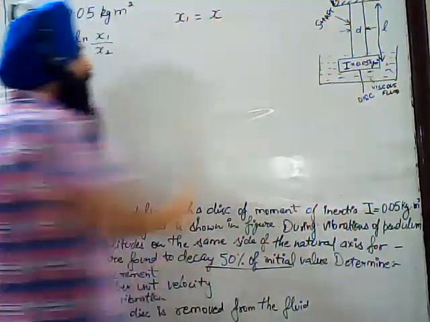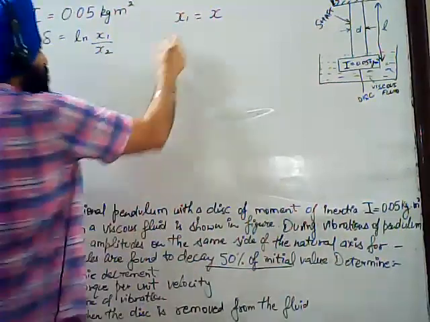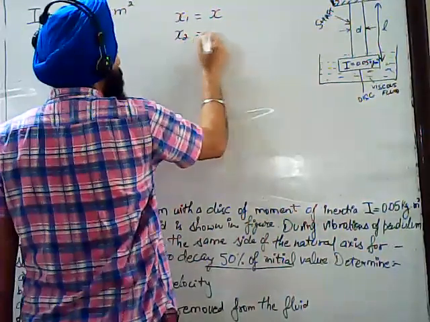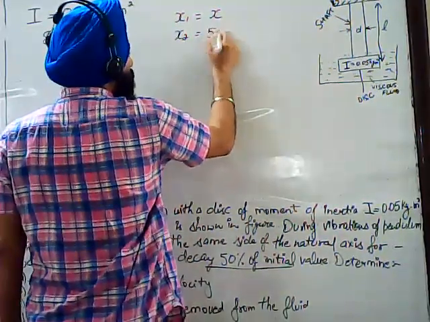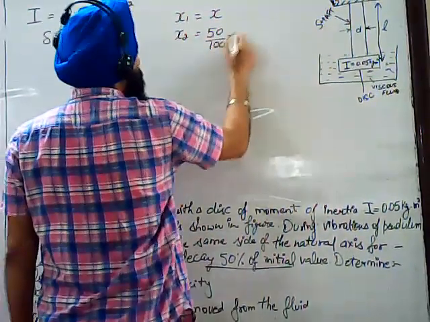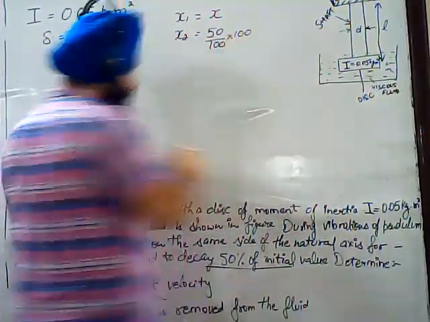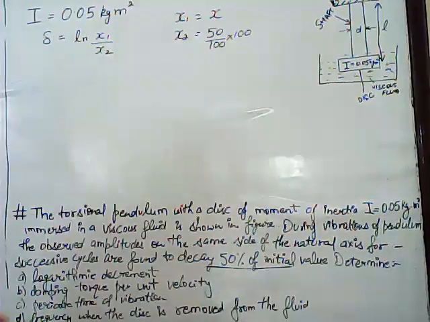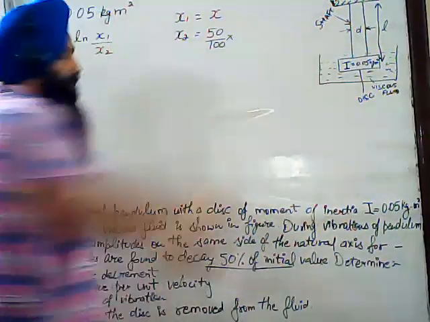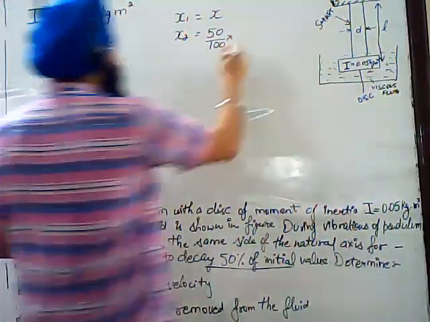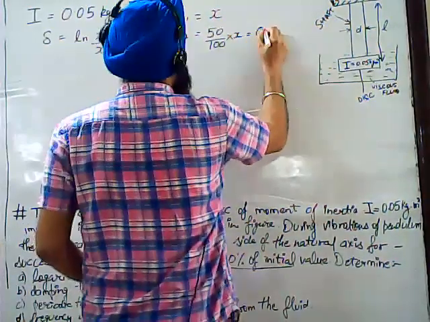The second amplitude will be 50% of the initial value, 50 by 100 into x, or 0.5 into x.